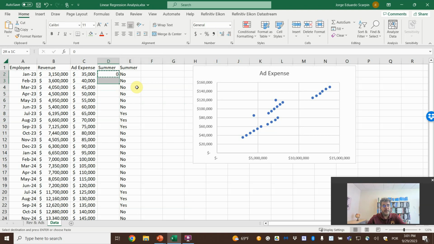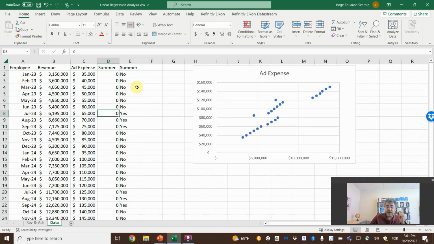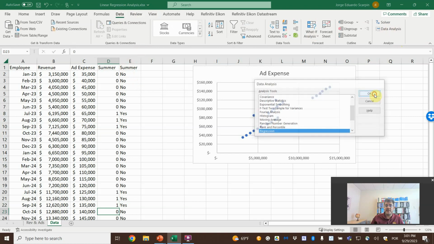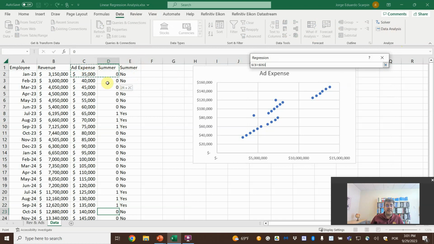So let's copy and paste these no's. And then here we have one yes, one yes, one yes. So June, July, and August, yes, yes, yes. And then, okay, let's run it again and see if anything changes. So data analysis, regression. The Y range remains the same, but for the X, we need to add this summer.